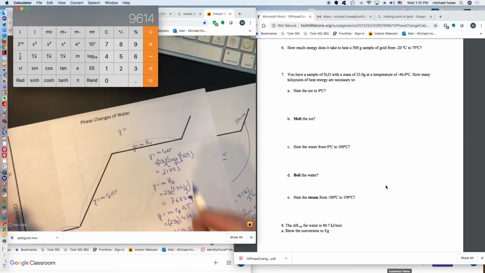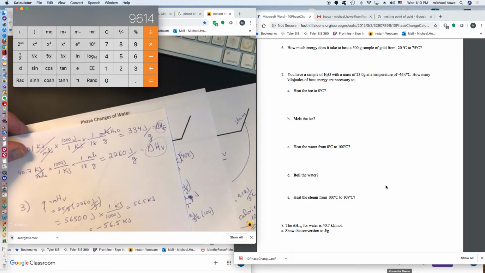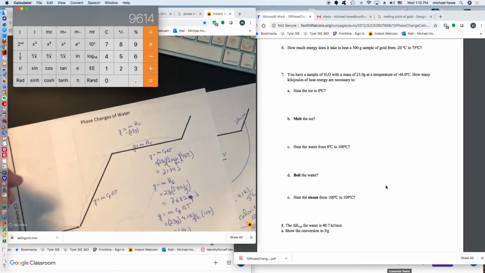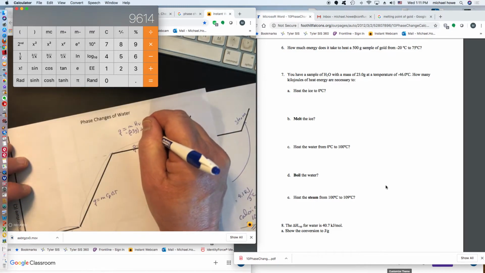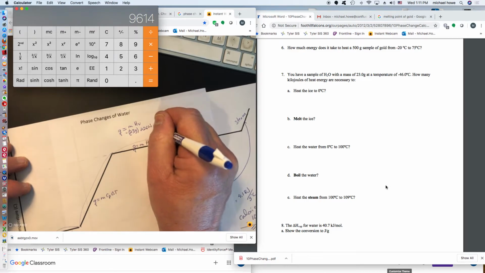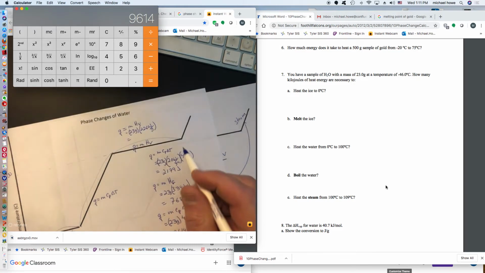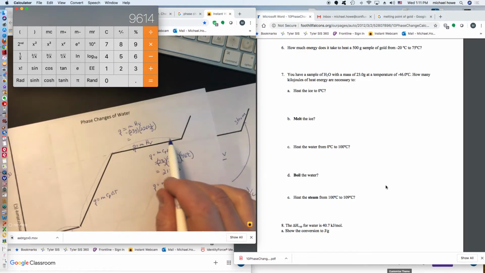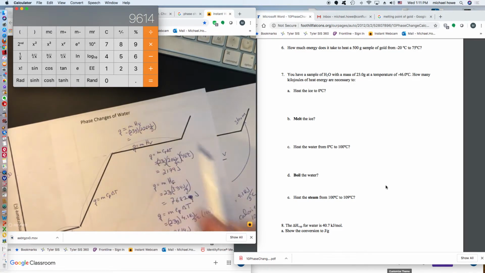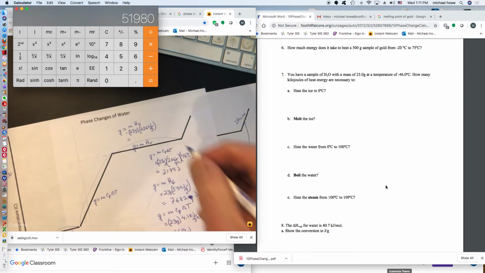The heat of vaporization we calculated at the beginning of the previous video, 2,260 joules per gram. Again, there is no temperature change while it's boiling, so you have to use a formula that does not have temperature change in it. We have 23 times 2260, 51,980.